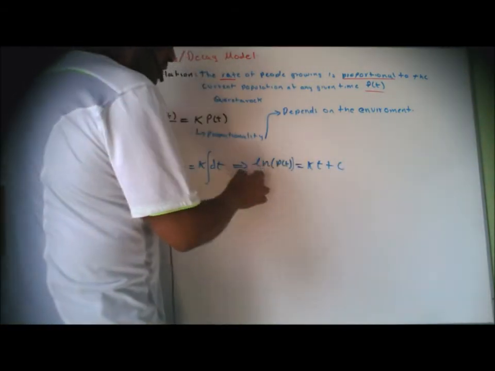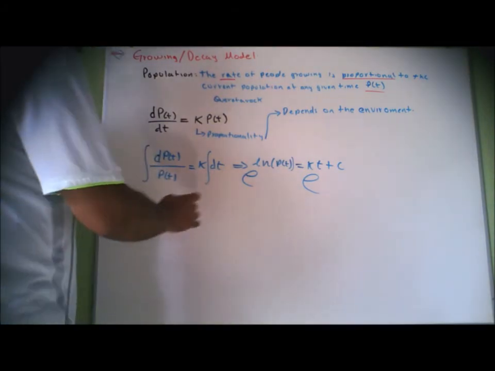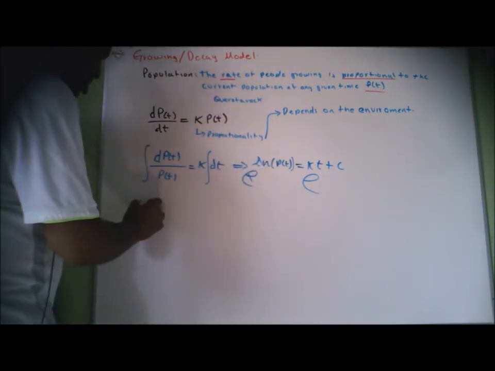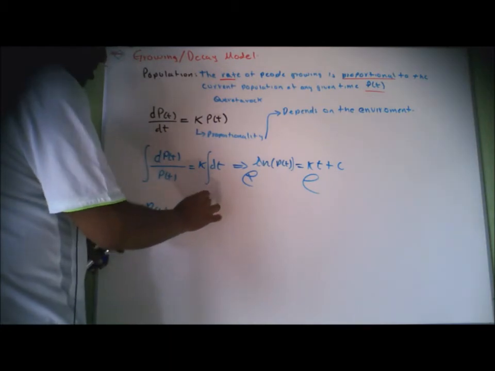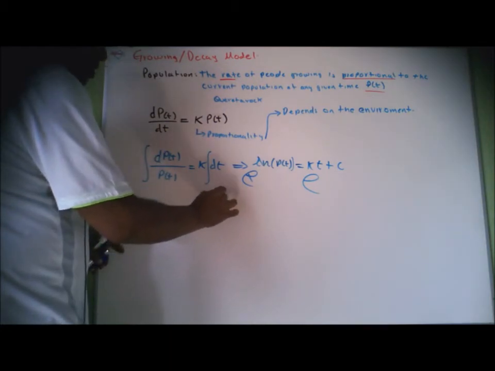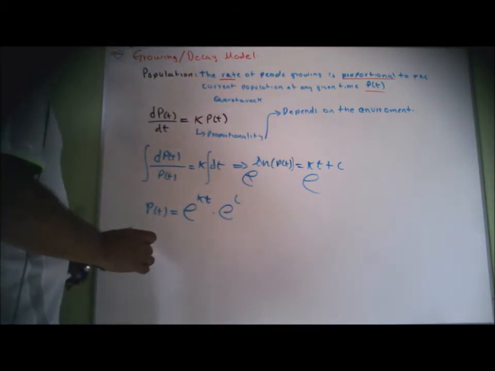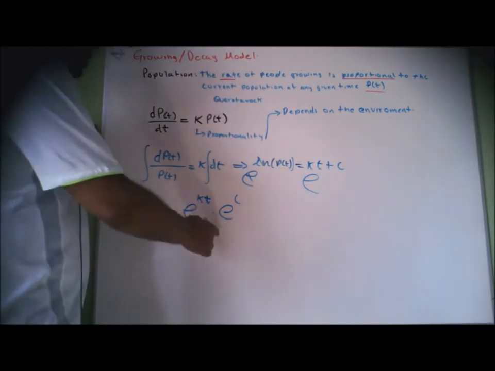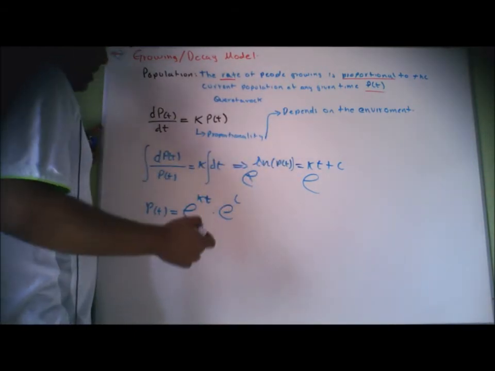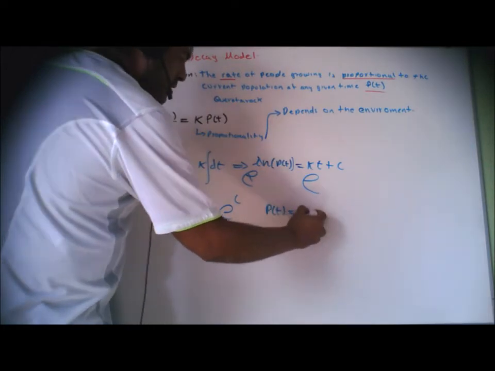If you take the exponentials on both sides, the exponential and the natural logarithm cancel, so you get P(t) equal to the exponential of kt plus the constant, but I'm going to write it like this, the exponential of the constant times the exponential of kt, because the powers sum together. The exponential of a constant is still a constant, so P(t) is equal to a constant times the exponential of kt.